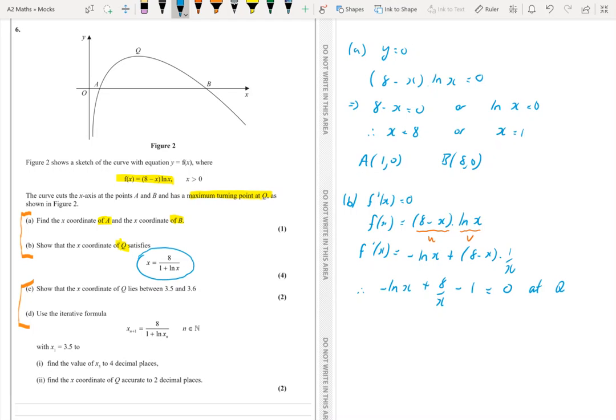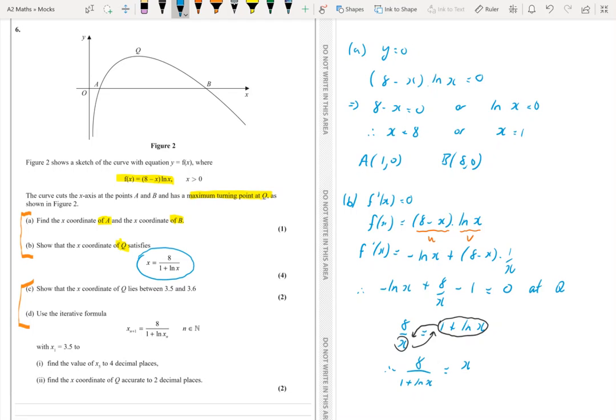So let's move the negative terms over. We've got 8 over x equals 1 plus ln x. That's looking very similar. And I think what we're going to do is some cross multiplying. So the x on the bottom is going to multiply up to the top. And the 1 plus ln x that's on the top currently is going to divide down to the bottom. So therefore 8 over 1 plus ln x equals x.